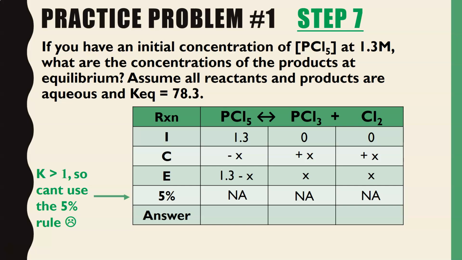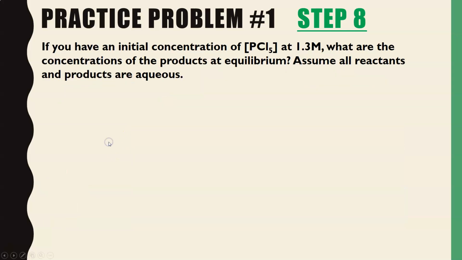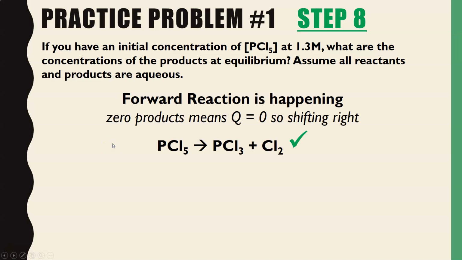Another thing to think about is which direction the reaction is going. If I need to write an equilibrium expression to do this, do I write the equilibrium expression for the forward reaction, or do I write the equilibrium expression for the reverse reaction, the backwards reaction? In order to determine that, I have to look at my Q value. So the forward reaction is happening because I literally started with no products.